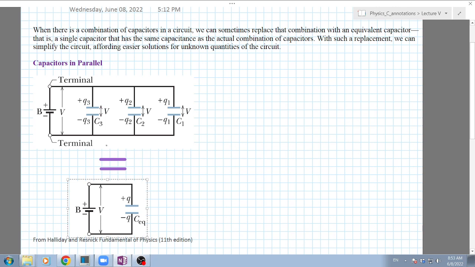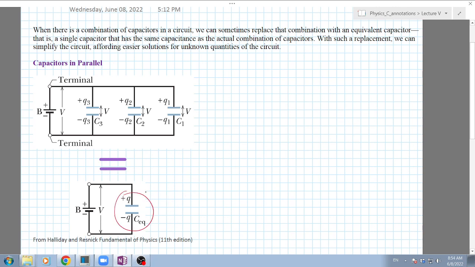Of course, this is a very easy circuit that you are seeing on your screen, but sometimes the circuits are very complex. When they are, one very powerful technique to find, for example, the total current and the total voltage, and so on over each component, is to reduce this circuit to what we call an equivalent circuit.